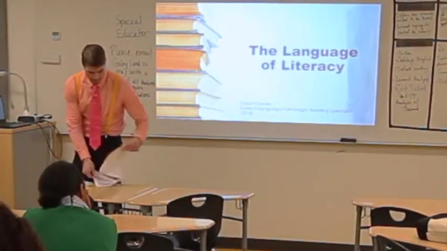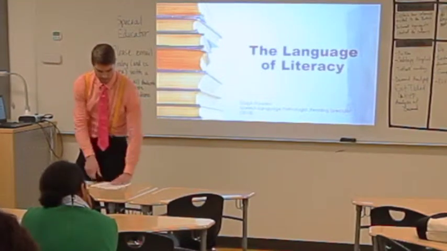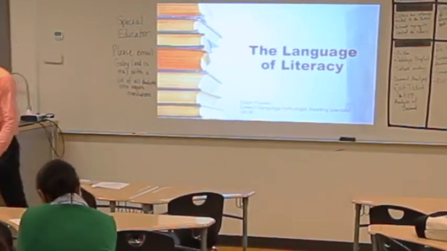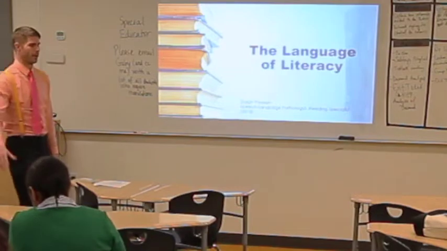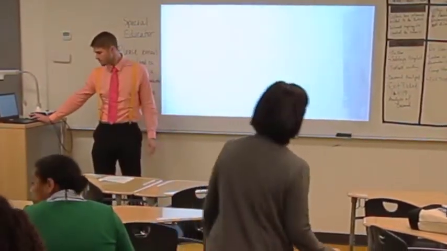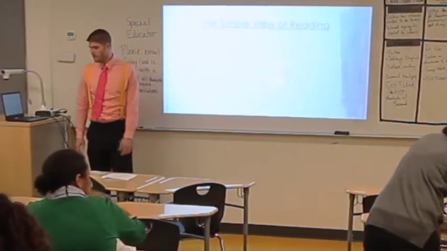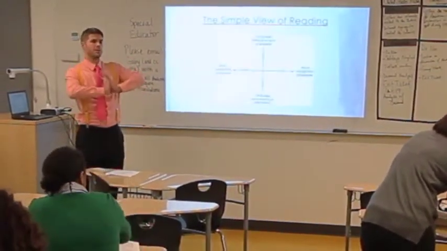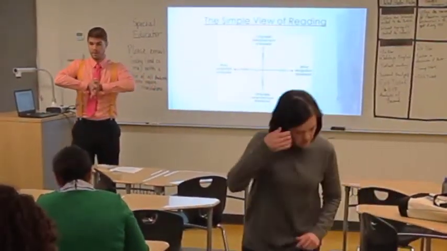So, in case you didn't have a real strong handle on it, I've got a little bit of sort of an overview. First thing in there is the simple view of reading.